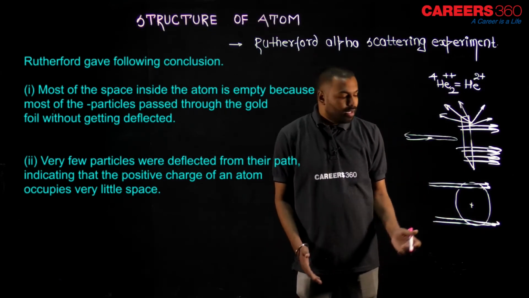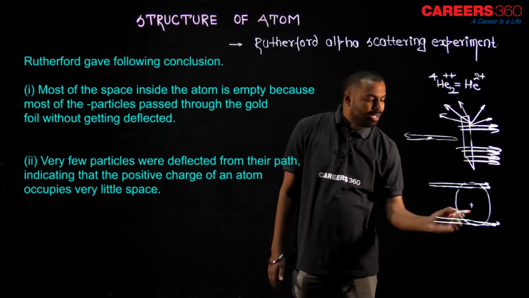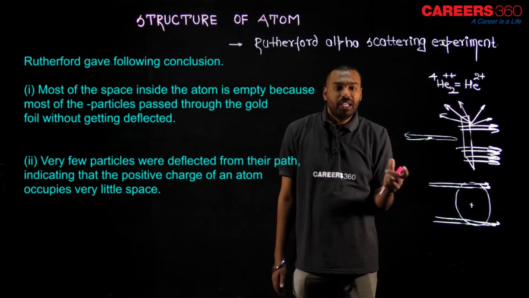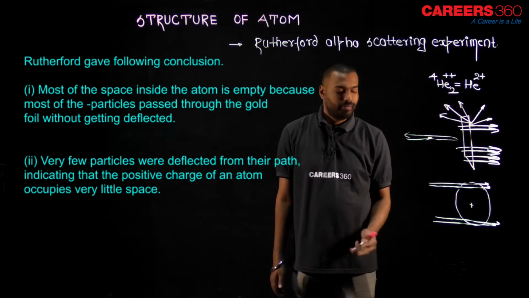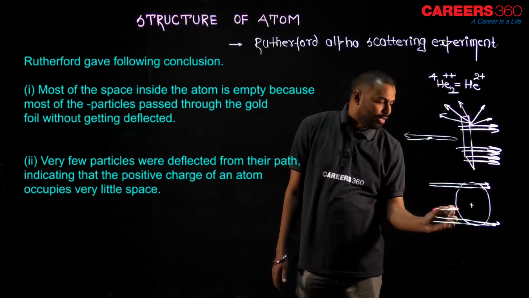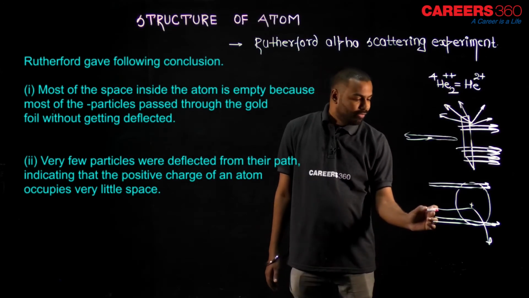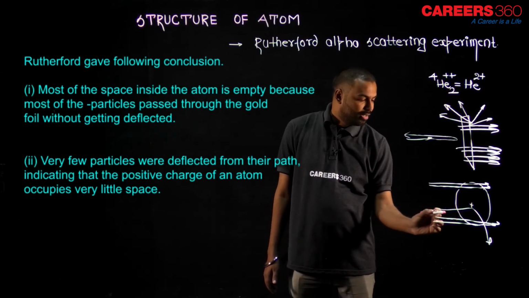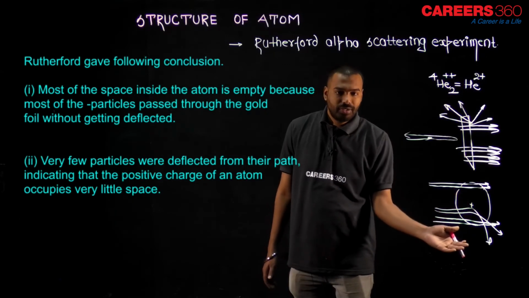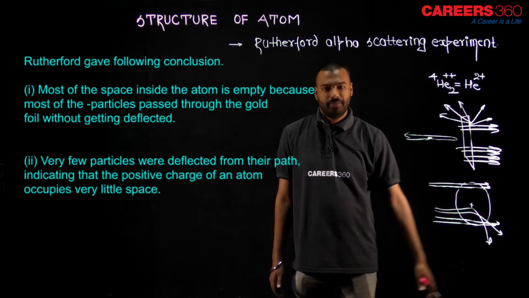But alpha rays that were crossing near the center were feeling some kind of repulsion and deflection. If the ray passes nearby the nucleus, it feels huge deflection. If the distance from the nucleus increases, then there is less deflection, and at a very large distance, there is no deflection.